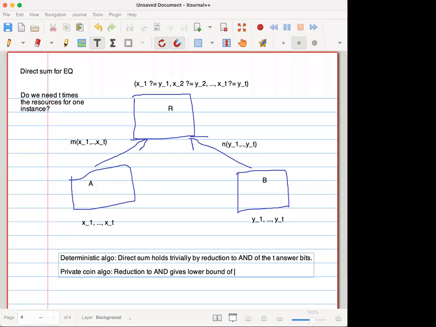I have a question. Does it require only n bits? Only n bits? No, I want a lower bound. So for the private coin algorithm, there was a tight result of square root n, right? So why would you get n? And the t also has to come into the picture somewhere, right? Because for deterministic it was tn.